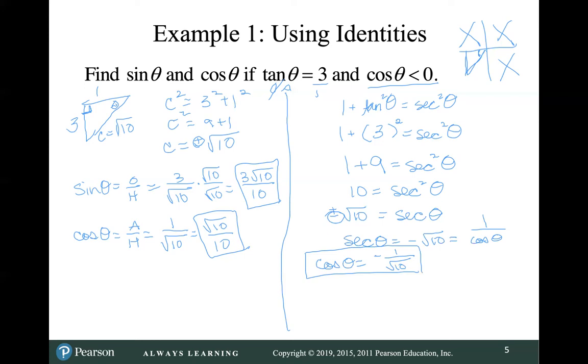And this is why using identities is often more precise than using some of the methods that we talked about last semester. If we look back at our diagram, this triangle that's in quadrant 3 should have a negative x and a positive y. But we did it 1, 3 square root of 10 because those are distances.